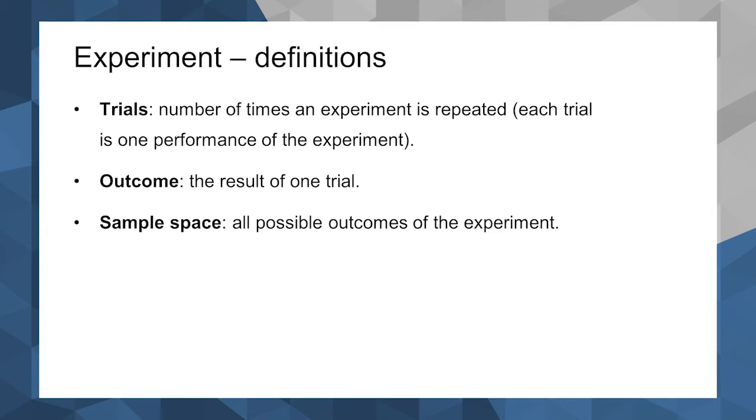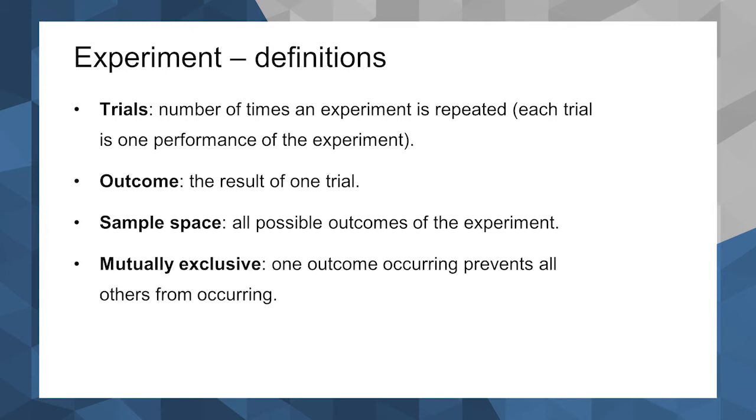Within the sample space, a lot of times more than one event can happen, more than one outcome can happen, but in some cases that's not the case. So you either weigh 40 kilos or you weigh 50 kilos or 60 or whatever it is.